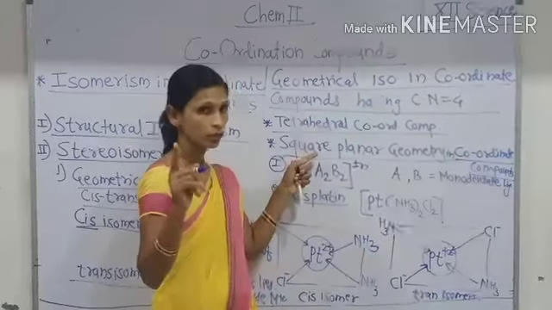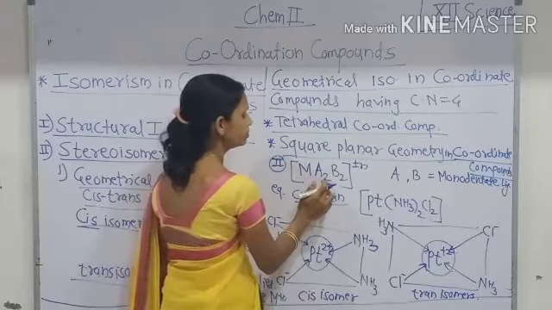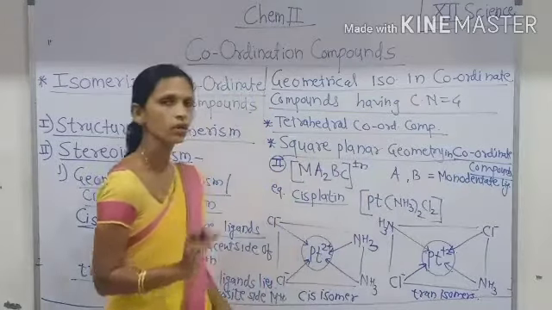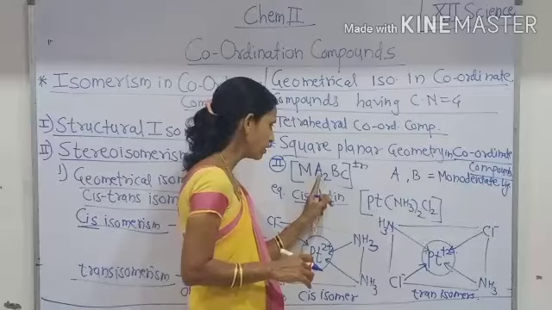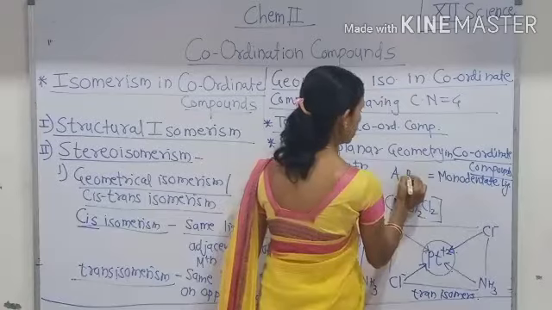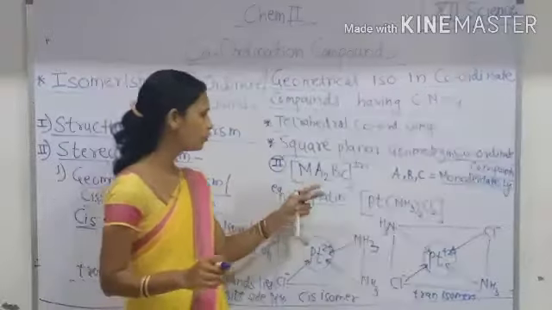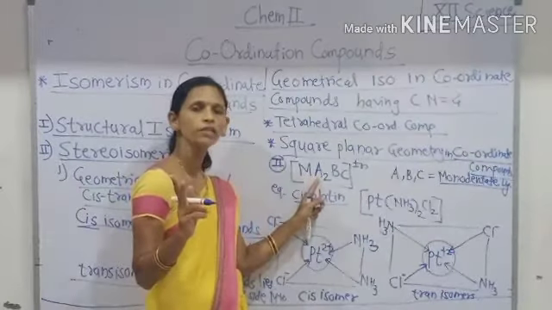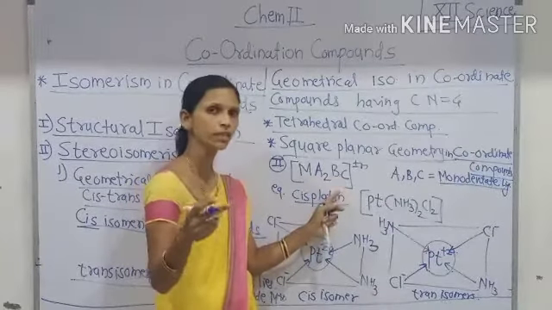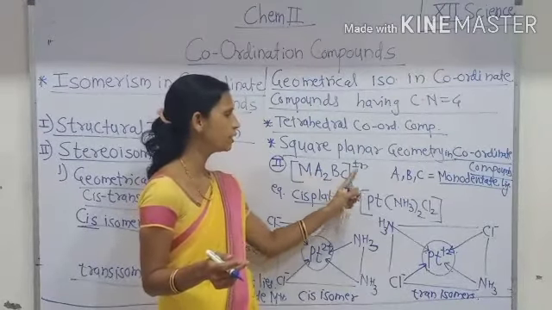Then one more example of geometrical isomerism is shown by one more type of coordinate compound which has square planar geometry, that is the second one, the Ma2BC plus minus n type of complex. See here, there are three different types of ligands, A, B and C, which are monodentate ligands, in which two ligands are identical and the remaining ligands are different, having molecular formula Ma2BC plus minus n.